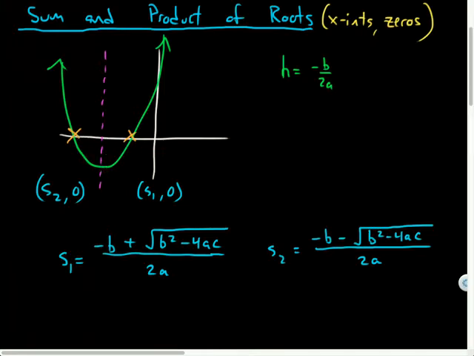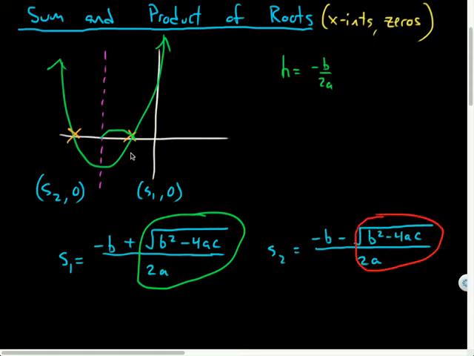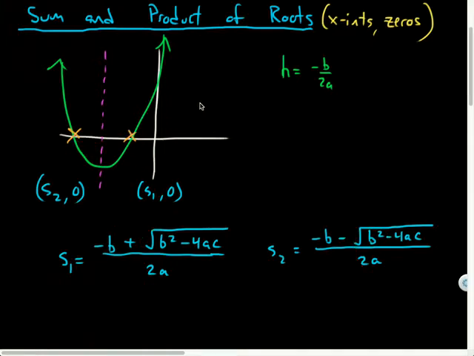And if I was to add this value, that would put me here. And if I was to subtract that value, that would put me here. And so that's why it's the same amount that I'm adding and subtracting from the axis of symmetry, giving me my two x-intercepts, because we knew that the x-intercepts would be mirror images of one another over the axis of symmetry. So that was just a couple of little side things I wanted to point out.